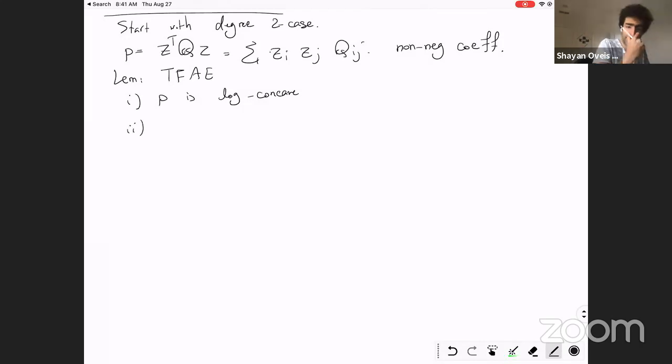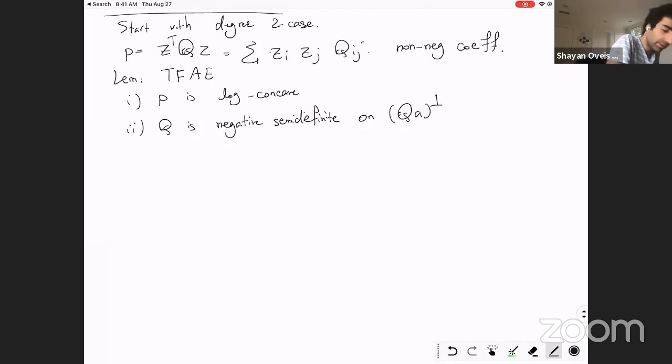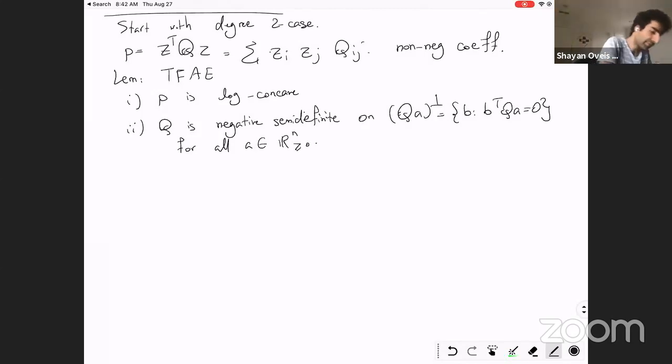The second one is that this matrix Q is negative semi-definite on Qa perp, which is basically all vectors, let's say b, such that b transpose Qa is 0, for all a in the non-negative orthant, and I also want Qa to be non-zero.